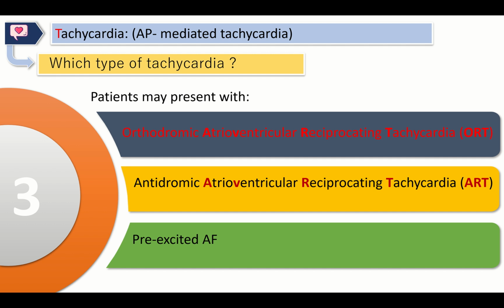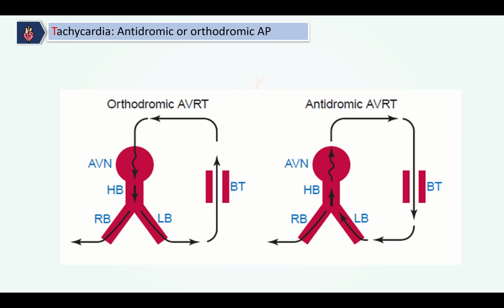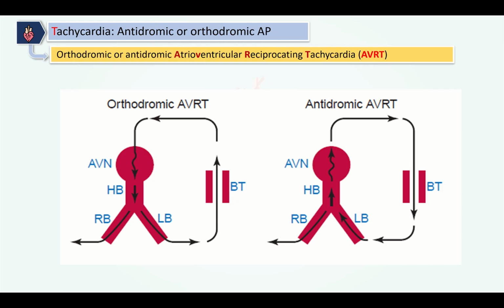You have to differentiate it from other types of narrow complex tachycardia and SVT. Second scenario, antidromic tachycardia, and it is a wide complex tachycardia. You should differentiate it from other wide complex tachycardia and VT. Finally, pre-excited AFib, the most critical and horrible accessory pathway mediated tachycardia.